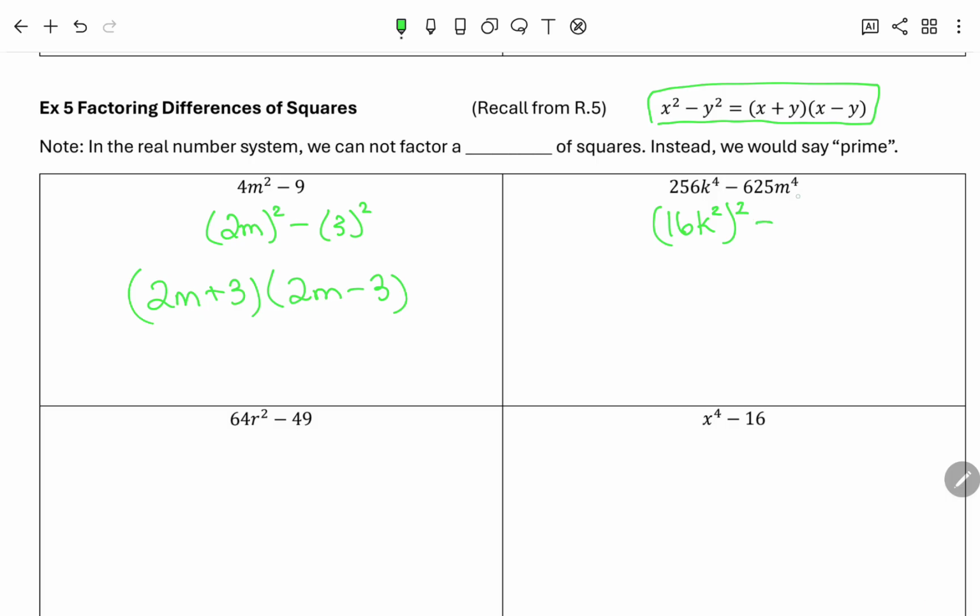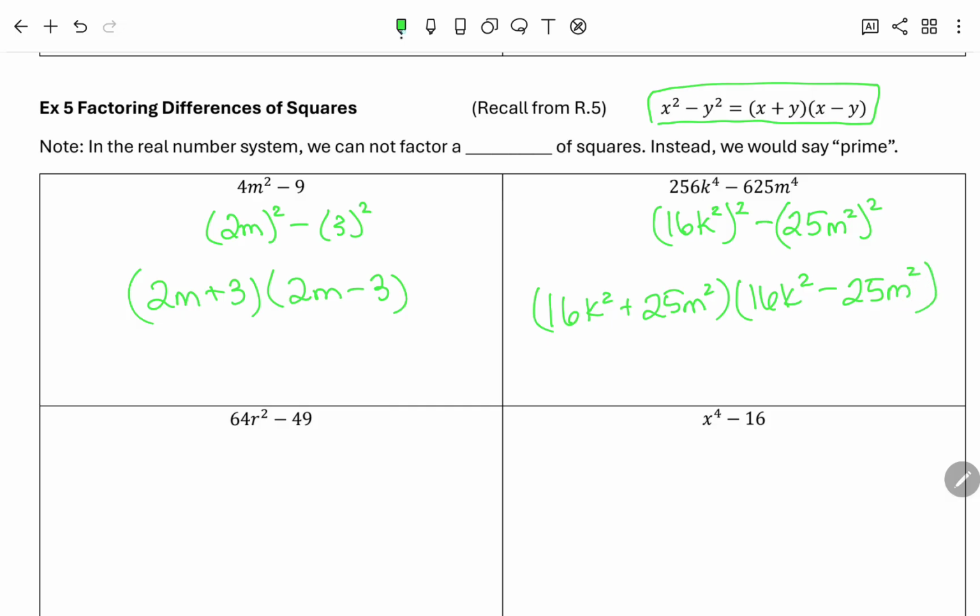And 625 is coming from 25m squared. I know I skipped over that. We'll have to go back and get that. So I can factor this difference of squares into 16k squared plus 25m squared and 16k squared minus 25m squared.